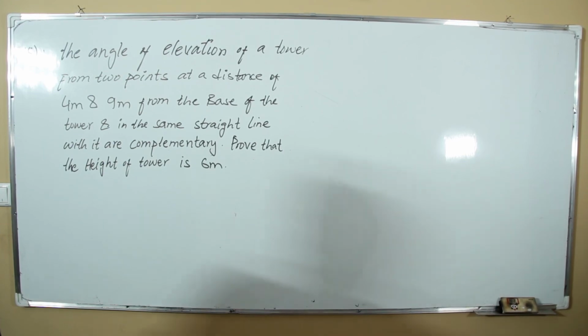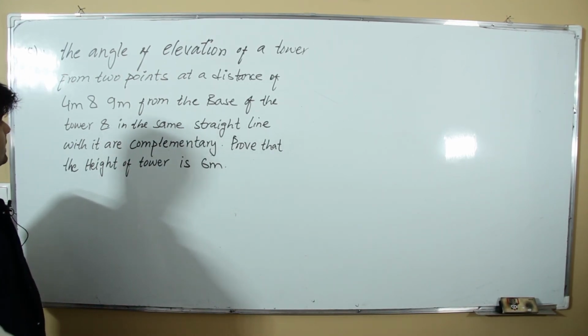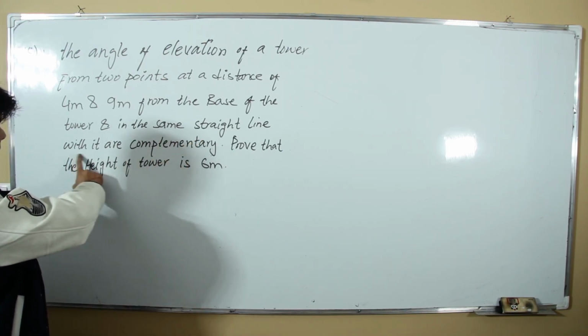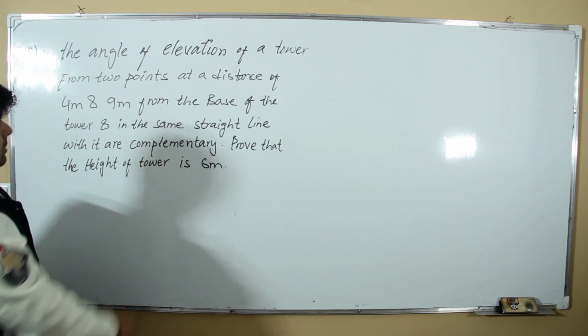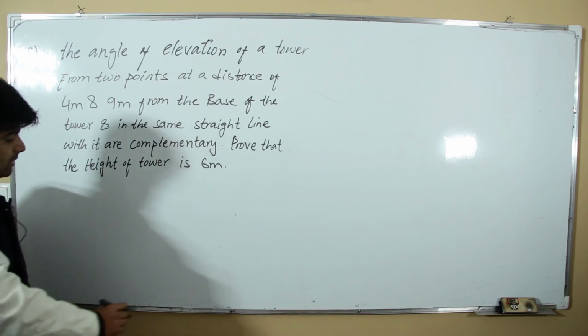Last question. The angles of elevation of a tower from 2 points at distances of 4 meters and 9 meters from the base of the tower and in the same straight line with it are complementary. Prove that the height of the tower is 6 meters. What does it mean?